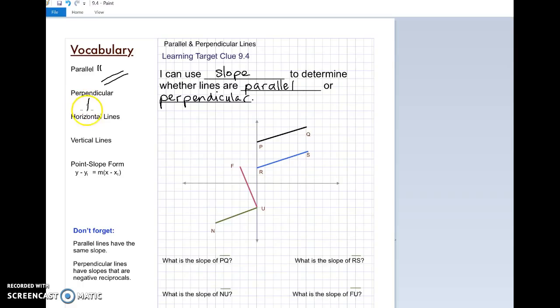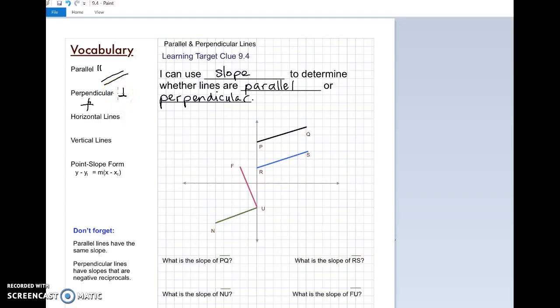So here would be two perpendicular lines, and they make a right angle. The symbol we use to say that one line is perpendicular to another is right here, basically a little upside down T, which makes that right angle.